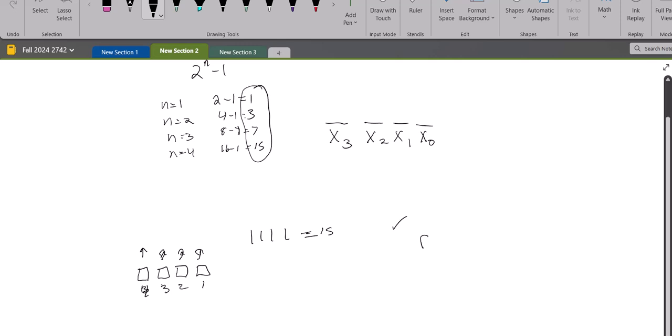So in other words, f of x3, x2, x1, x0 equals 1 when x3, x2, x1, x0 equals 0001, 0011, 0111, or 1111, and it equals 0 otherwise.